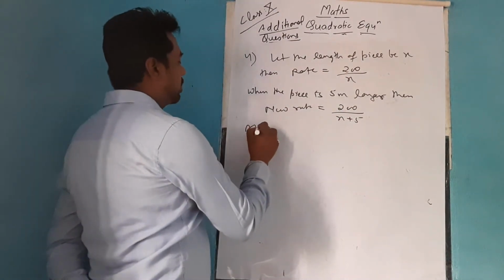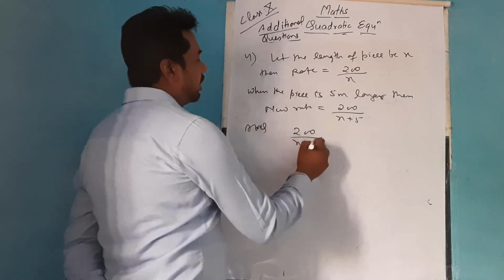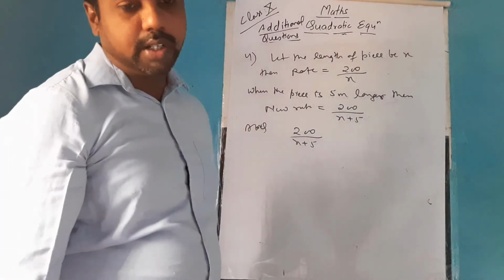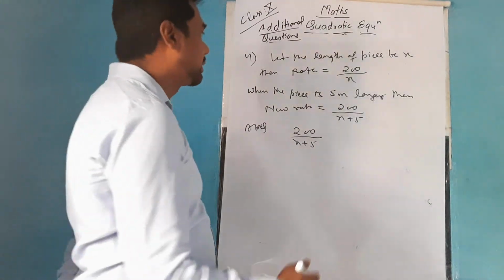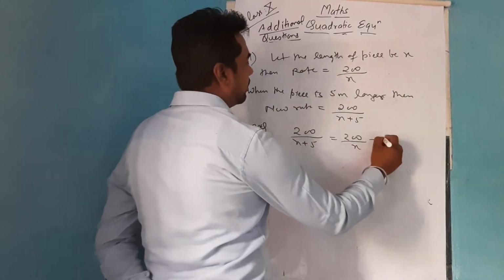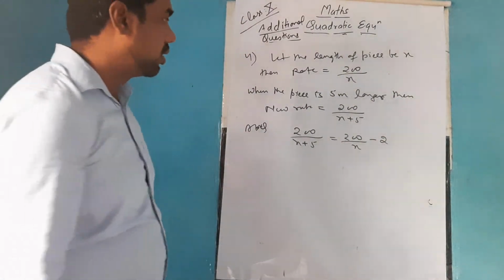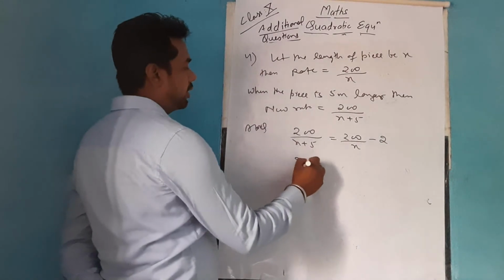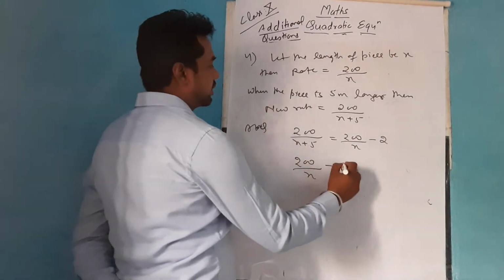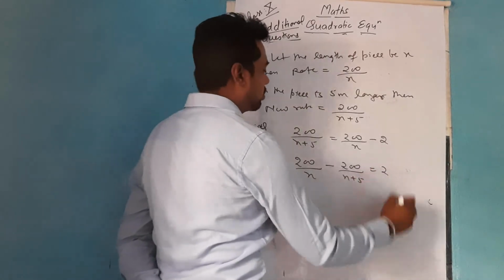According to the question, when the length is increased by 5 meter, it will cost rupees 2 less. So whatever the rate was earlier will be decreased by 2 rupees. So now your equation will be 200 by x minus 200 by x plus 5 equals 2.